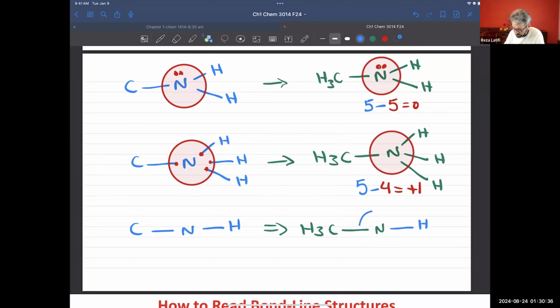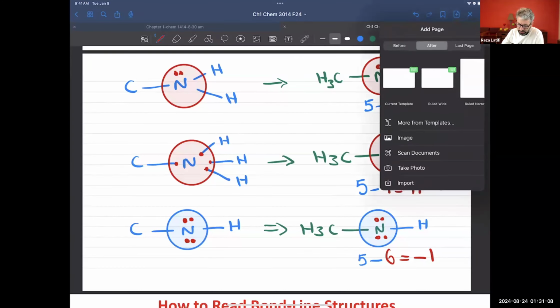Let's draw a circle around nitrogen. We're going to keep adding lone pairs until we make it octeted. I need 4 more electrons to make nitrogen octeted. So what's going to be the formal charge for nitrogen? Nitrogen is a group 5. How many electrons do I see around it? I see 6 electrons around it, so the charge will be -1.